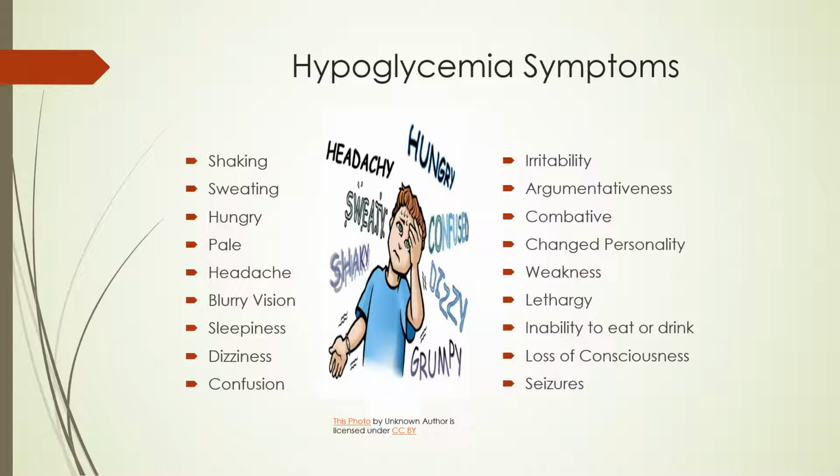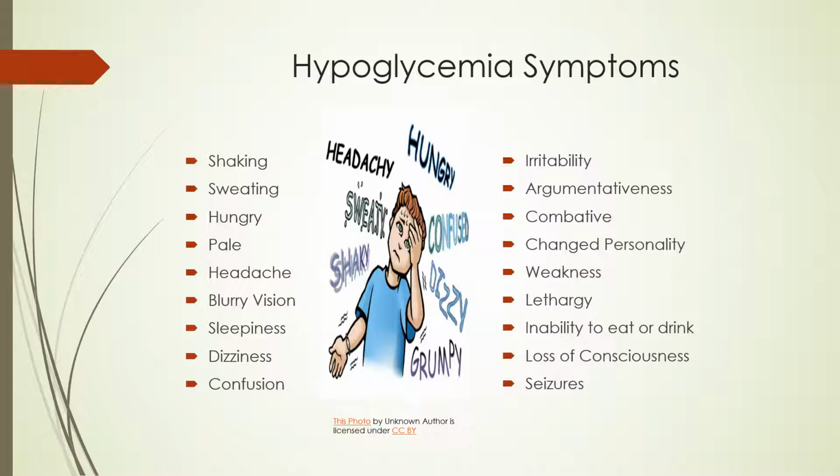When they're having a low blood sugar, they're going to feel really hungry, and they might feel pale. They might complain of a headache, blurry vision. They might feel really tired and sleepy. They might have dizziness, confusion, irritability. They might be argumentative or combative even. They can change their personality, be very weak and lethargic.